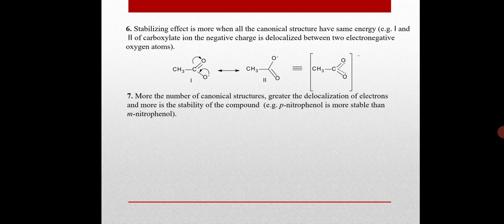The more the number of canonical structures, the greater the delocalization of electrons and the more the stability of the compound.